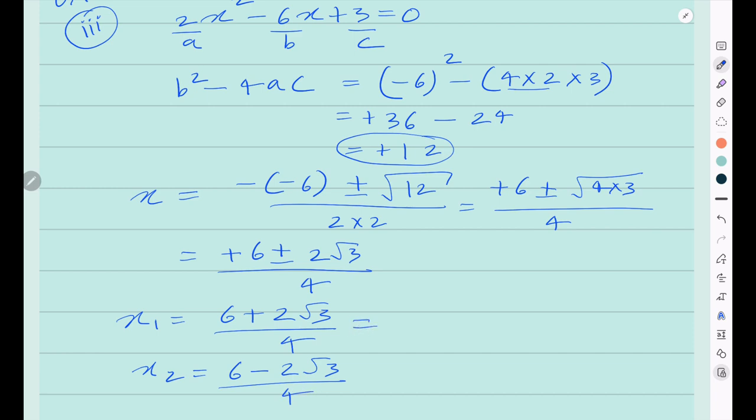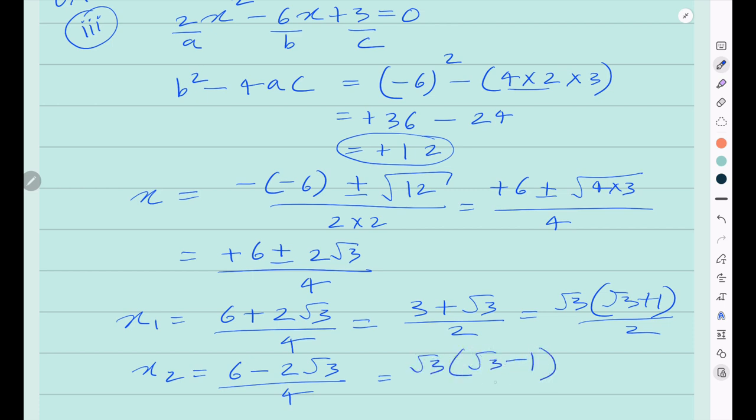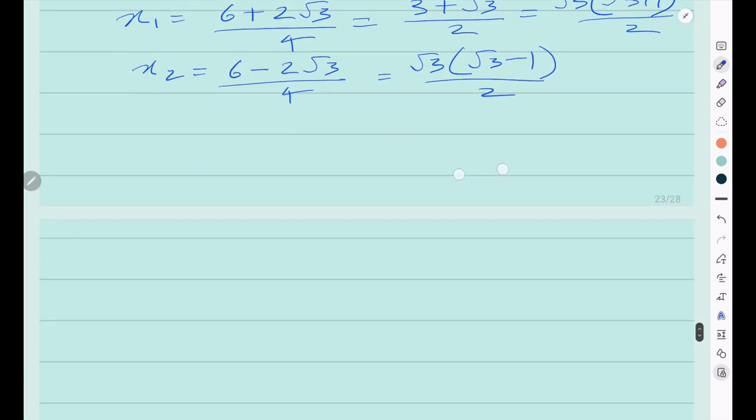You can also simplify and take 2 common, so 3 plus root 3 divided by 2. We can again write it as root 3 plus 1 divided by 2, and similarly the other as root 3 minus 1 divided by 2. So that is the solution of this question.